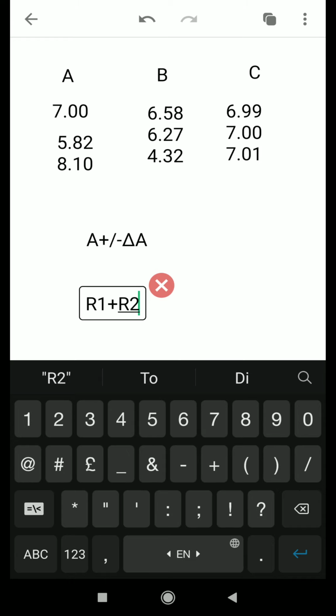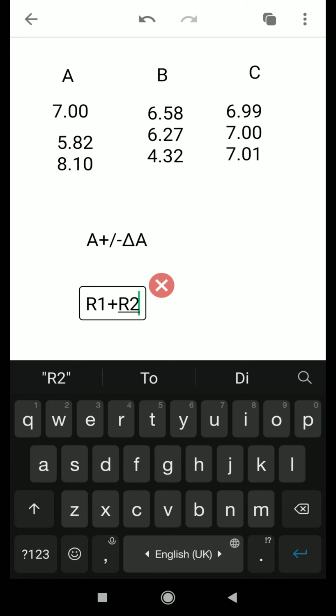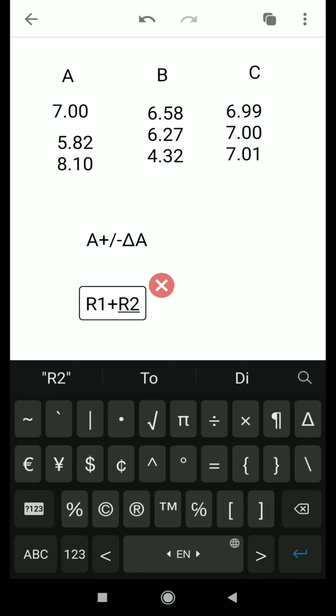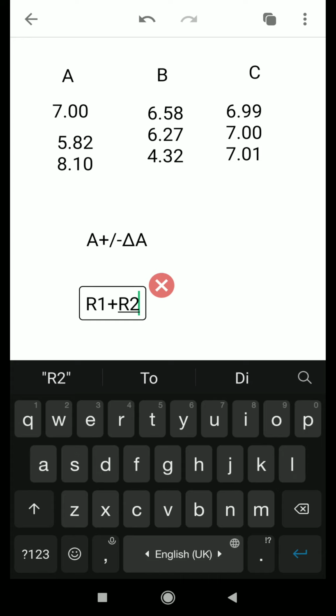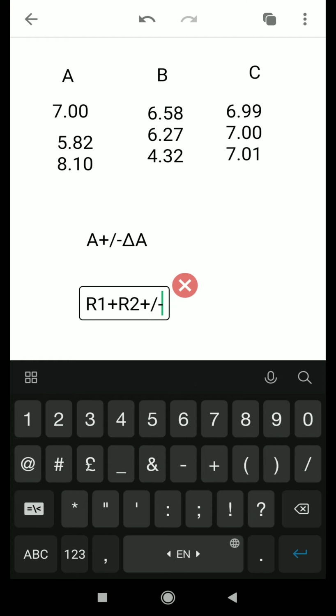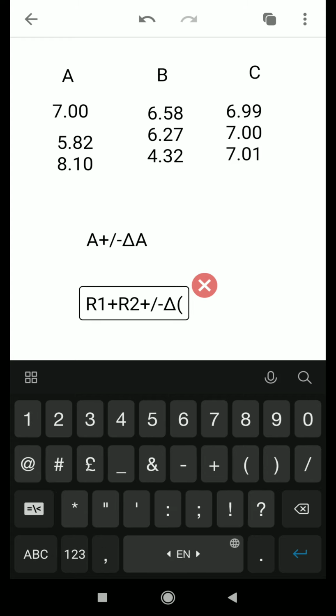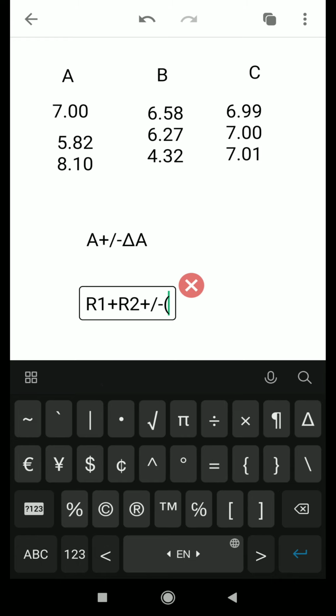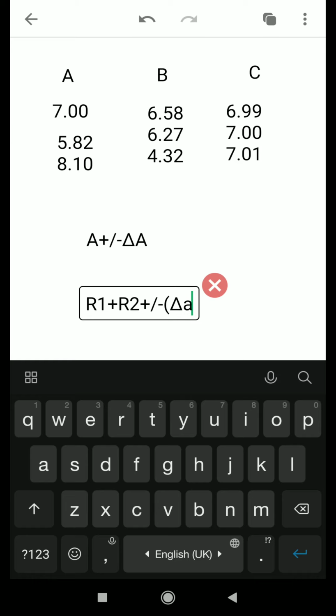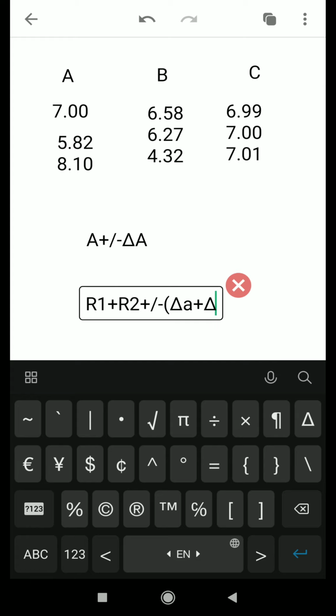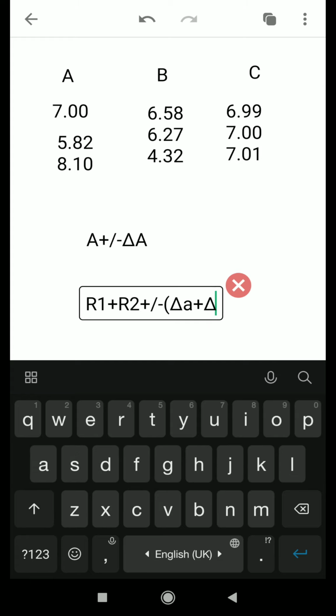For series combination, the resistors will be added, and here their errors will also be added. So plus or minus, del A plus del B.